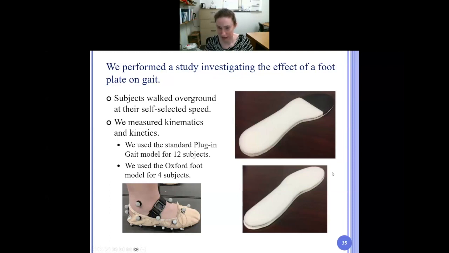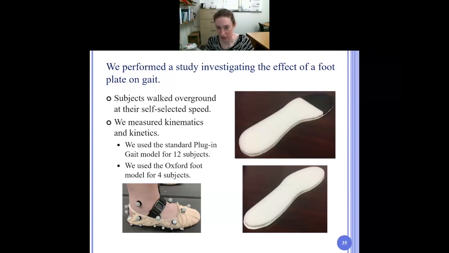So for the 3/4 condition, basically the back 3/4 of the foot plate was relatively rigid Delrin, and then the front chunk was flexible foam. And we just included the flexible foam so that the foot plate was the same height over the entire length of the foot plate.